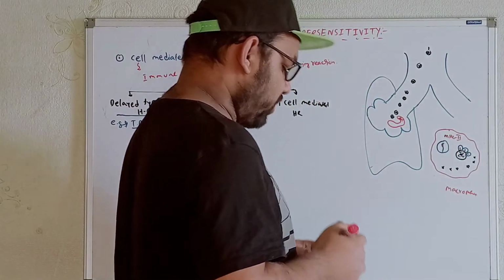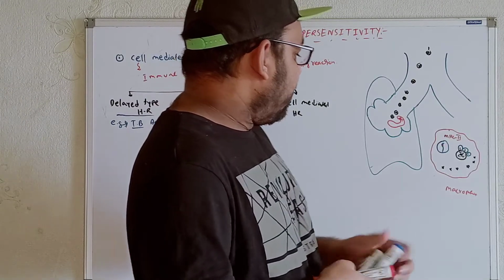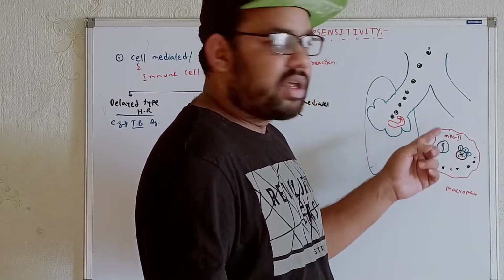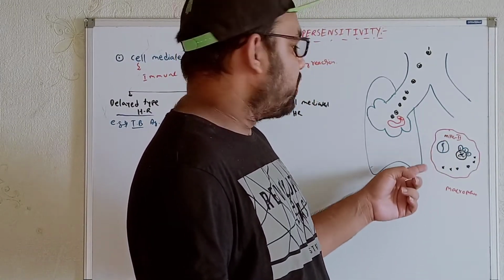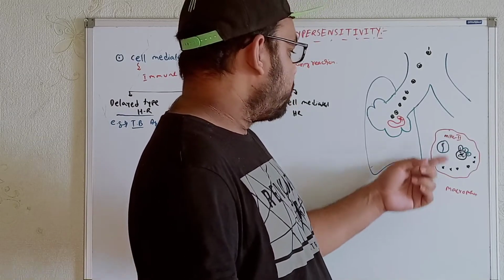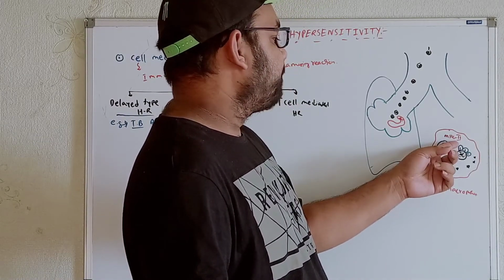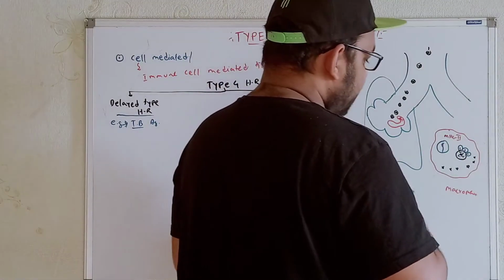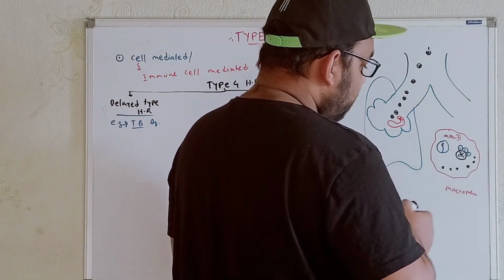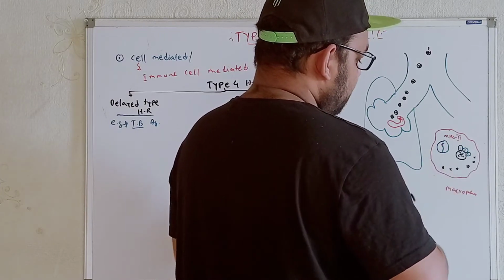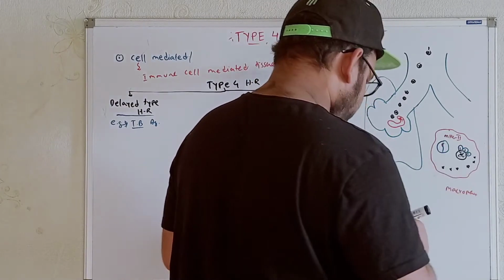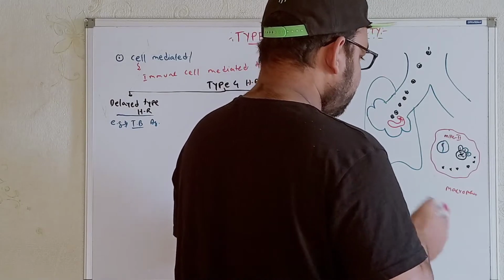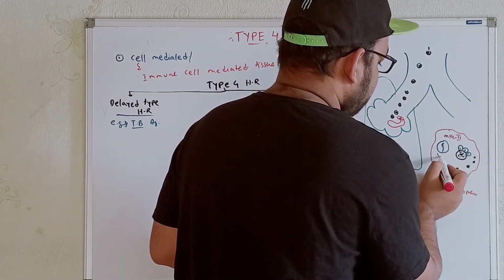This MHC class 2 will come over here and get bound along with these antigens. For example, I am showing you the MHC class 2 molecules in this way.